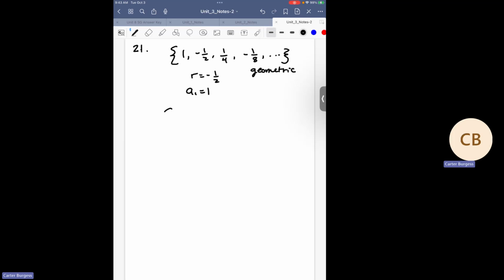So if we're looking at the sum for a geometric, this is a sub 1 times 1 minus r to the n, all divided by 1 minus r. And so I get that this is 1 times 1 minus -1/2 to the n, all divided by 1 minus -1/2.